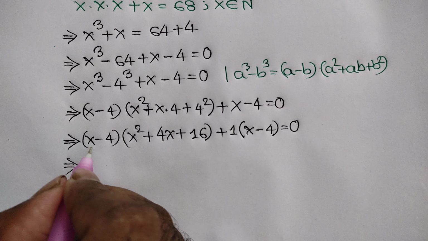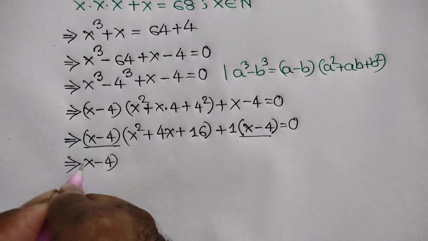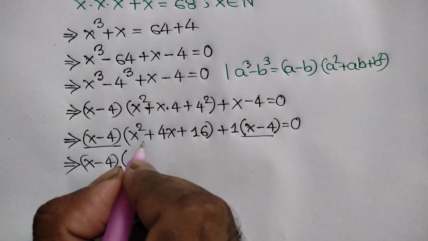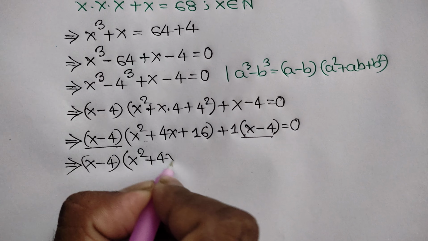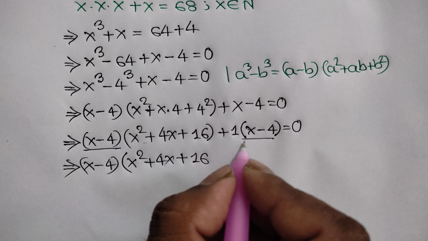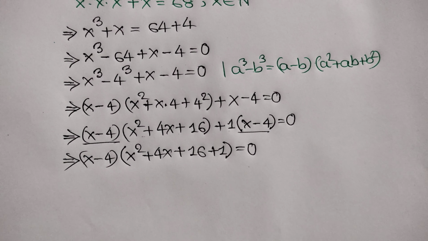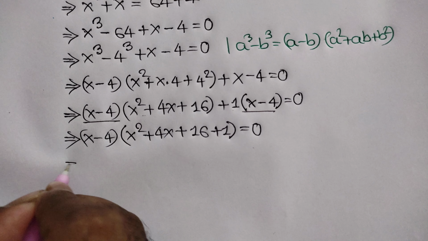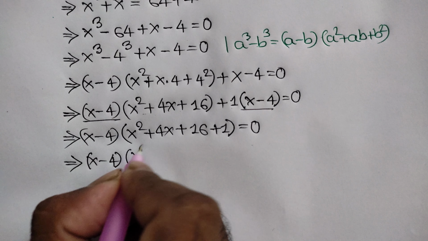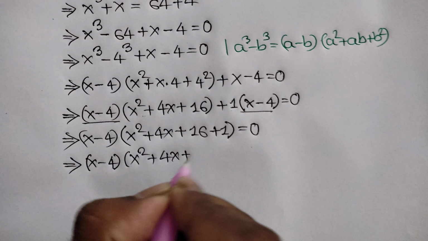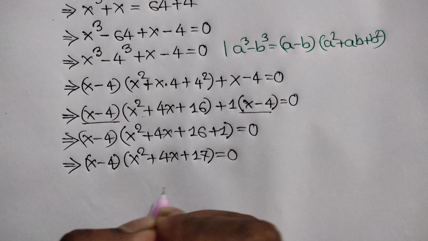Now taking common x minus 4, we can write x minus 4 times x square plus 4x plus 16, and here we will get 1, is equal to 0, or x minus 4 times x square plus 4x plus 17 is equal to 0.